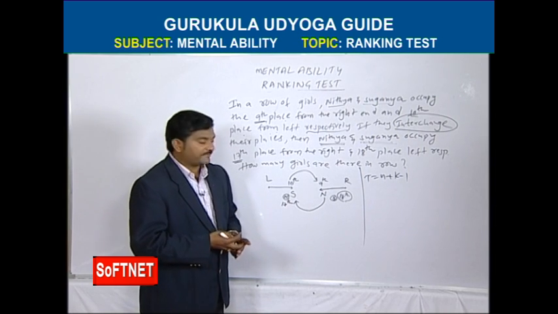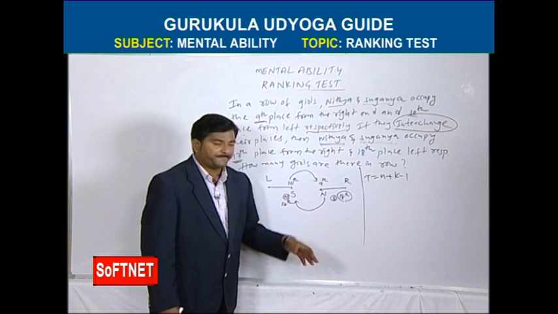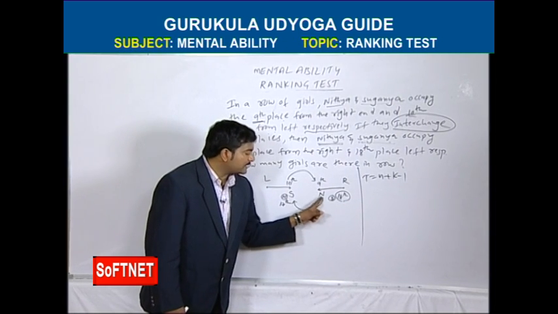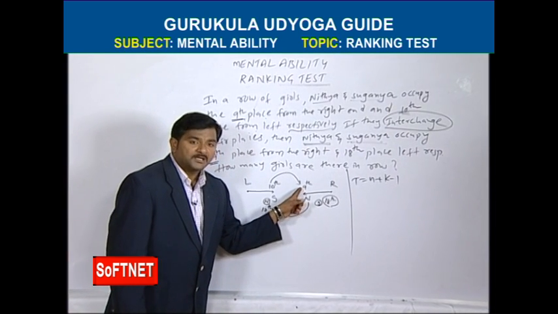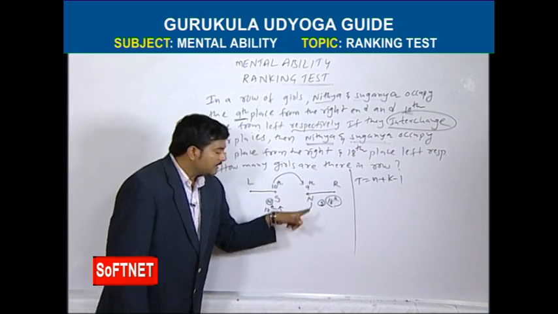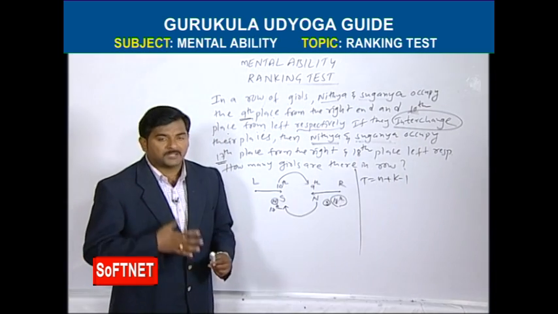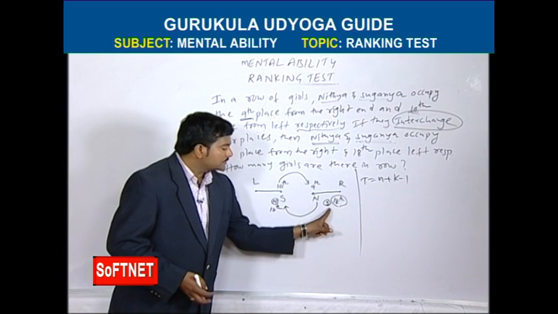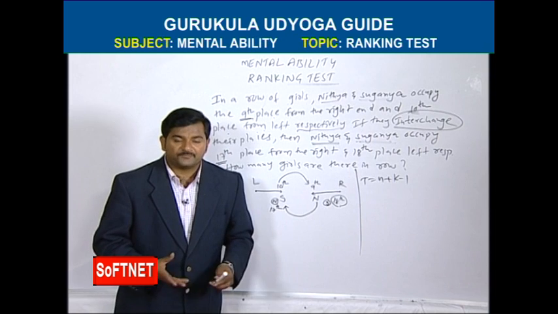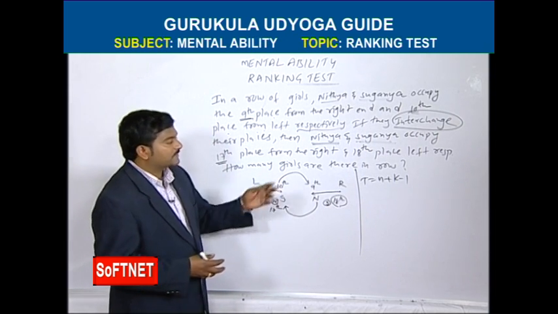Nitya's position is 9th from right. So now Suganya's position from right is also 9th. Now I know Suganya's position from right and from left. Therefore, I can find the total number of girls in that row.